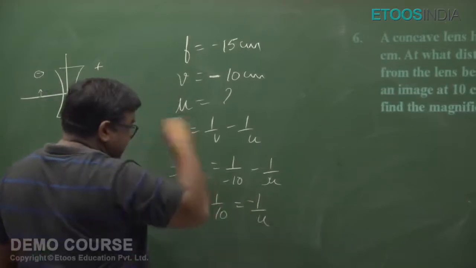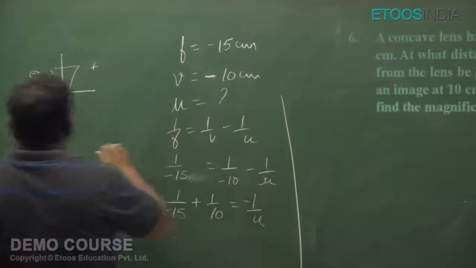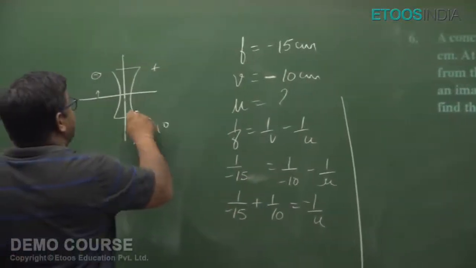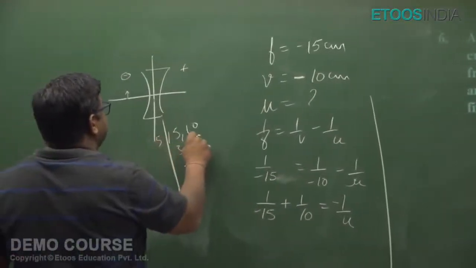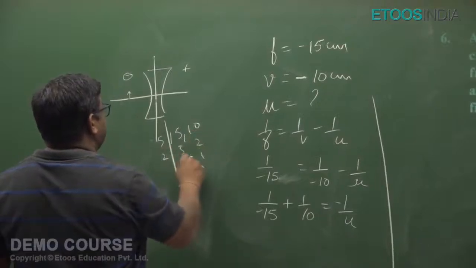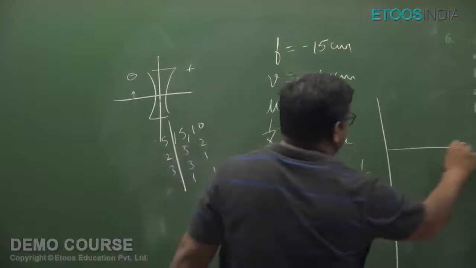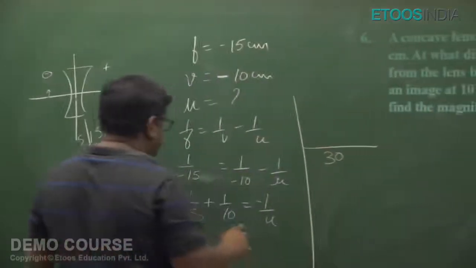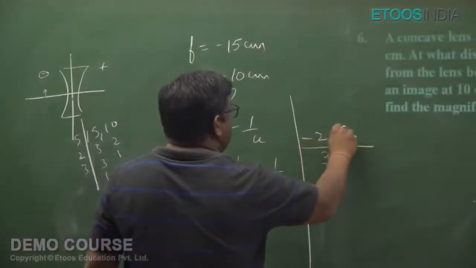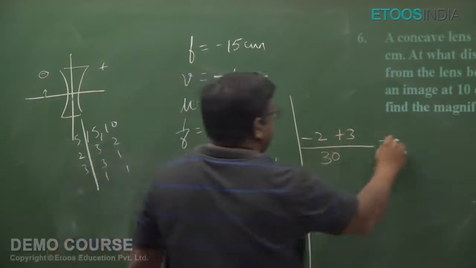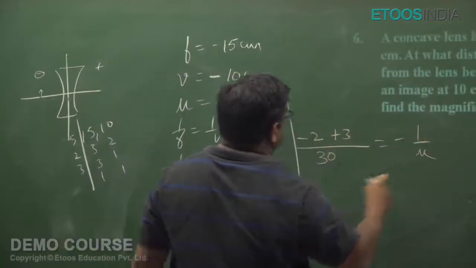We know that the LCM of 15 and 10 is 30. So, 30 is equal to minus 2 plus 3.